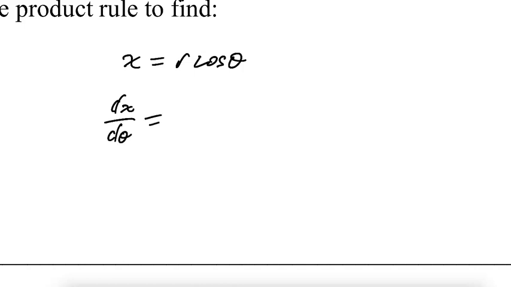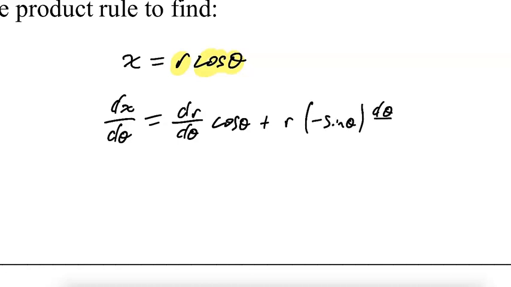What I would need to do is treat this like the product rule, since I have r times cosine of theta. So this would be dr d theta times cosine plus r times negative sine. And then if you really want, you would have a d theta, but that would divide to make 1, since I'm taking the derivative with respect to theta. So my dx d theta would be r prime cosine minus r sine theta.